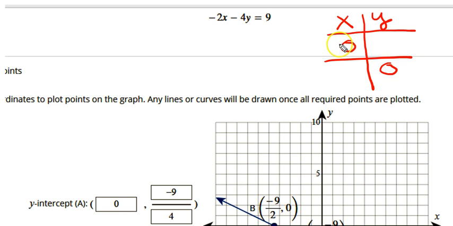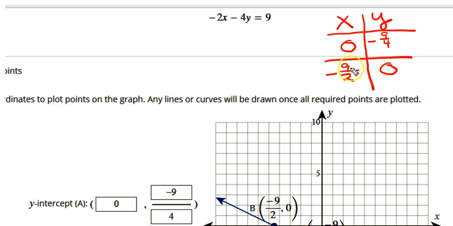This will be your y-intercept. This will be your x-intercept. So if x is 0, y is going to be a negative 9/4. And if y is 0, x is going to be a negative 9/2.